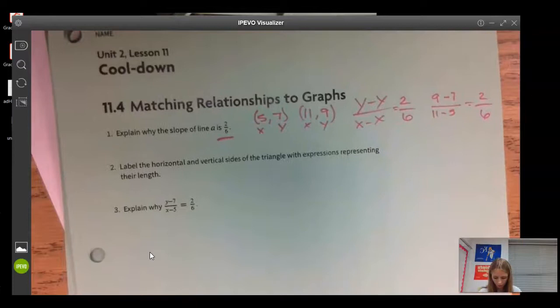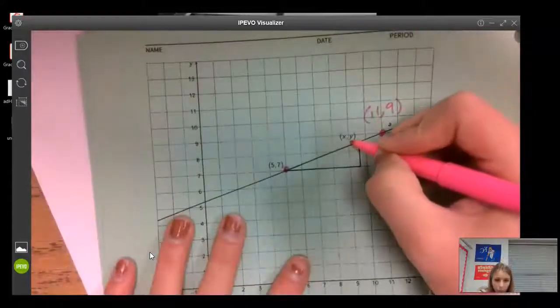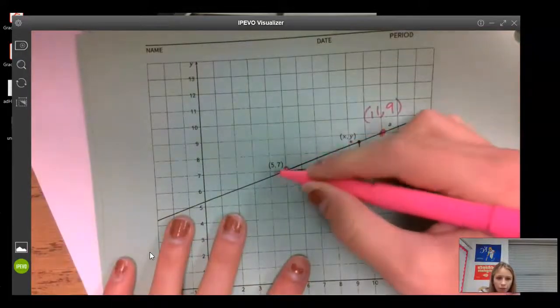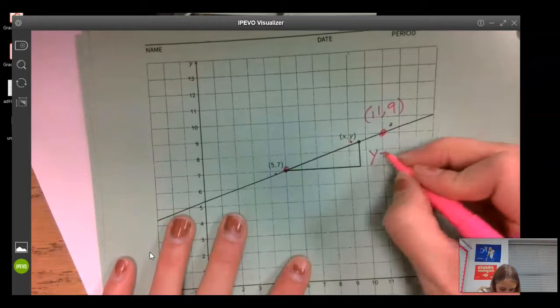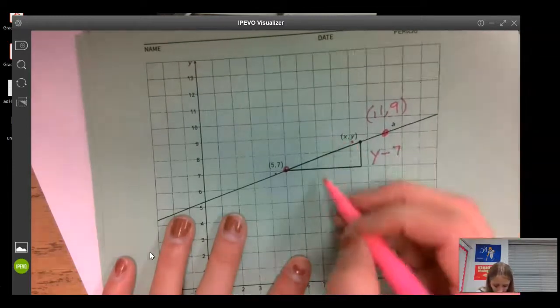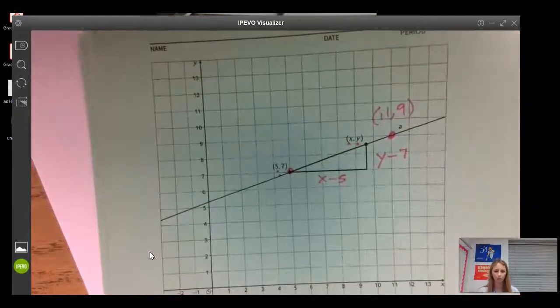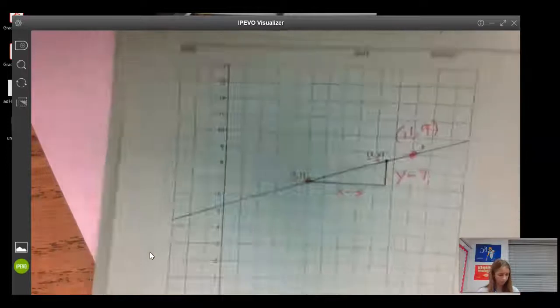So now it says label the horizontal and vertical side lengths. This is like what we did in lesson 11. So I'm going to take my y value and subtract my other y to find my expression for this line. And then same thing for x minus 5. Took both my x values there. Alright.